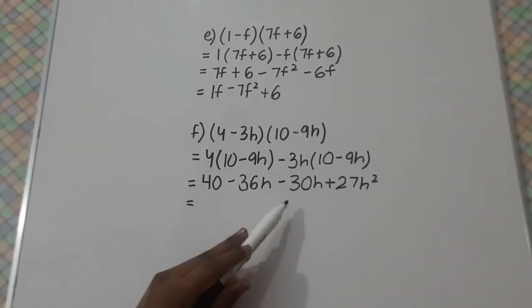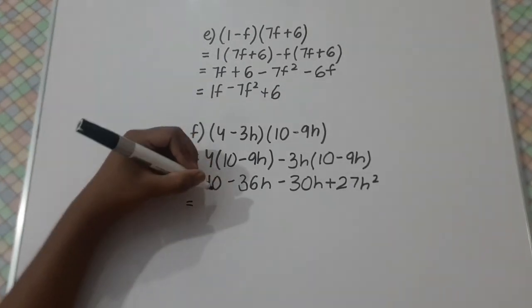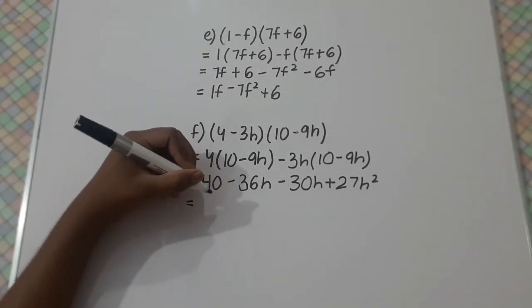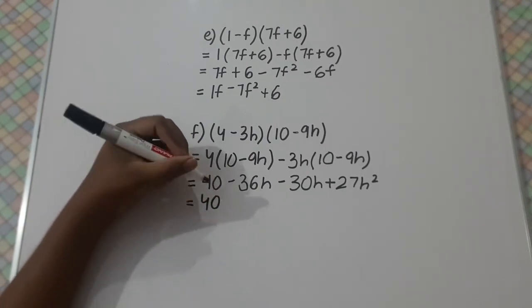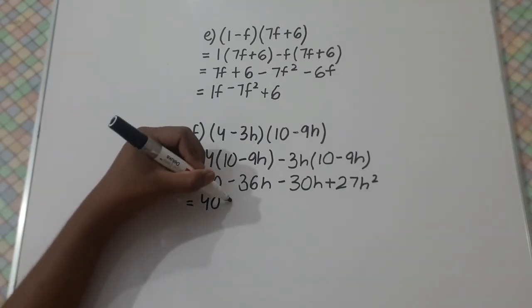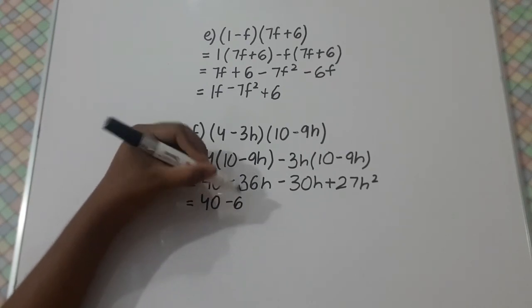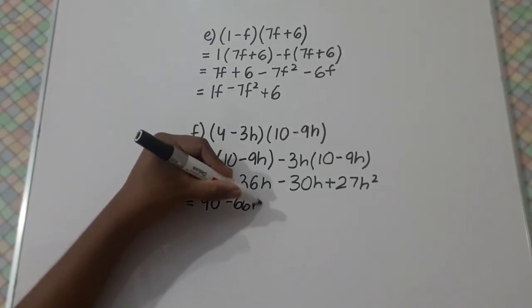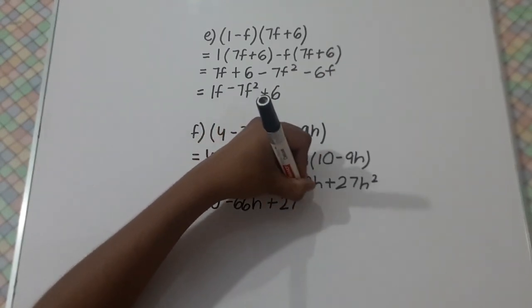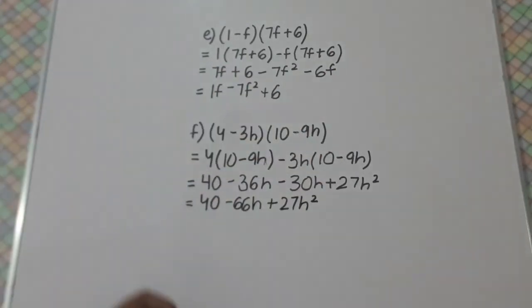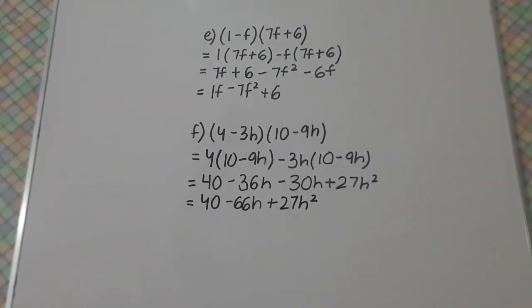Plus minus minus is plus, so 36 plus 30, it's 66. As we have added a negative value, the answer is negative 66h, and the last value plus 27h square. This is the final answer of the last part of this question.